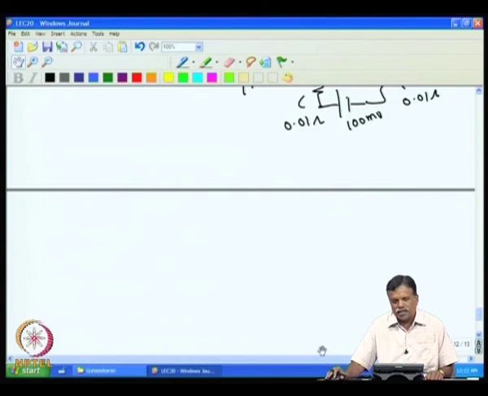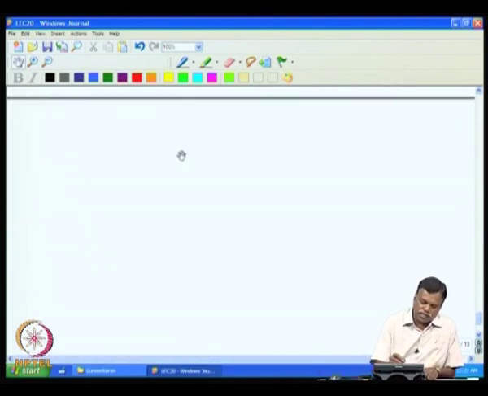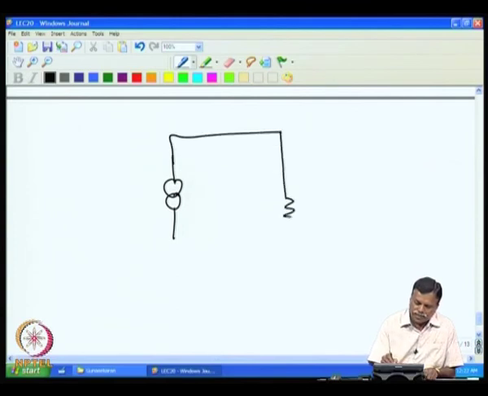Now, let us see if I extend this technique, for example, for a Platinum resistance thermometer, which comes in the middle range, what can I do? Now, the same constant current source I can put here. Then I can connect the Platinum resistance thermometer, say PRT.